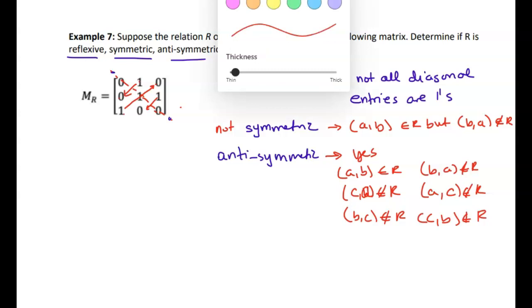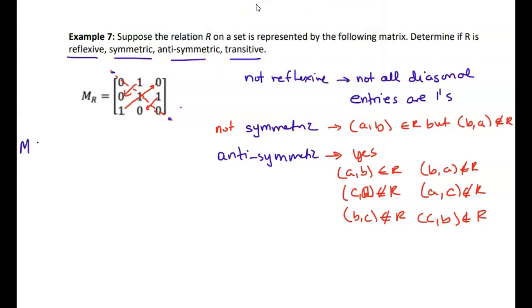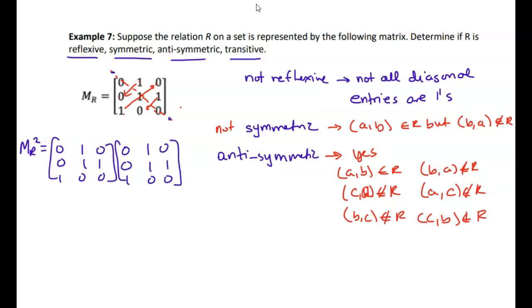All right, now for transitivity, you have to find M squared. Okay, so we have to square this. We're going to take the matrix and multiply it with itself. So rewrite it, copy it down. I'm going to multiply it using Boolean algebra. You can use regular algebra too.